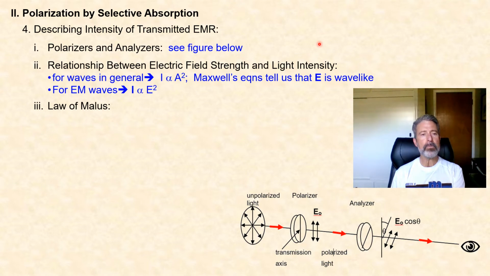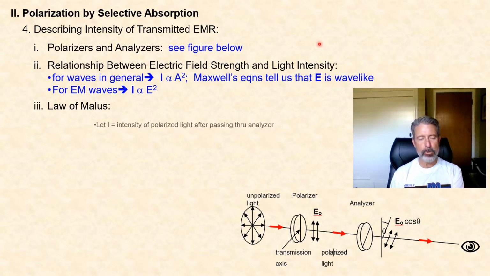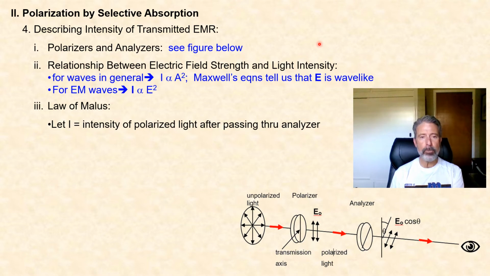So the law of Malus gives us a quantitative expression for the intensity of polarized light that is traveling through either a polarizer or analyzer. We're going to let I represent the intensity of polarized light after passing through the analyzer.